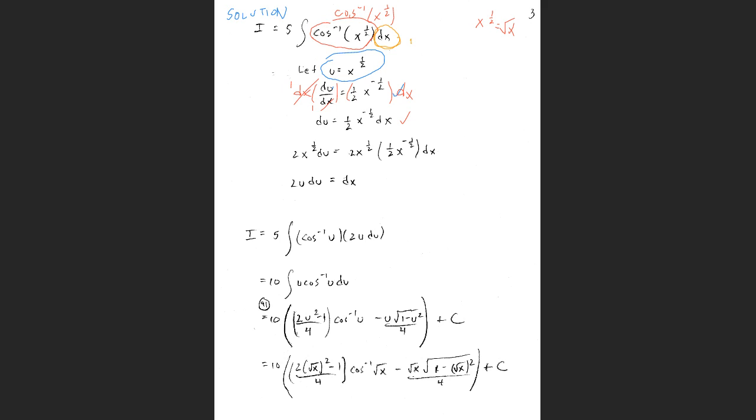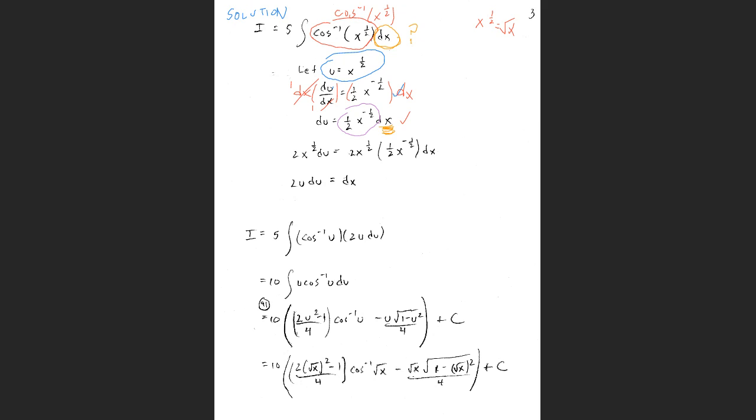Well, I have a dx here that I need to get alone. So I want to simplify out the 1/2 times x to the negative half.